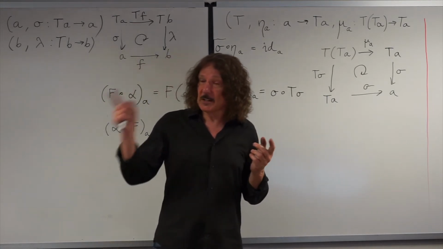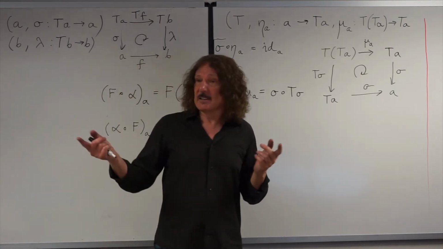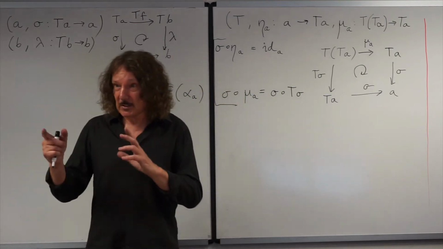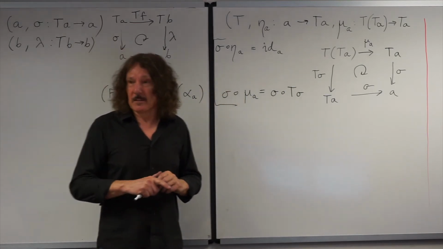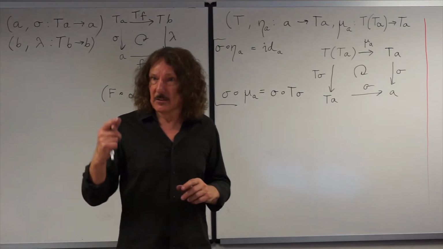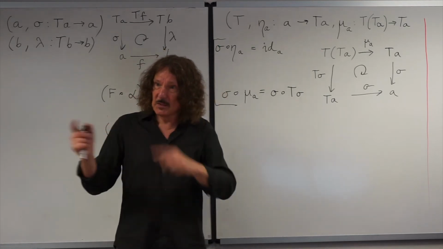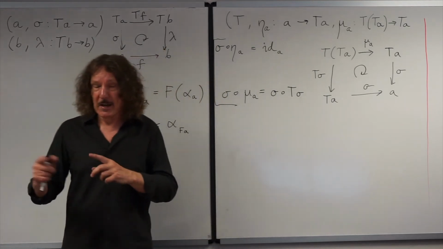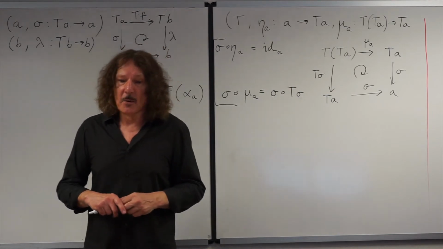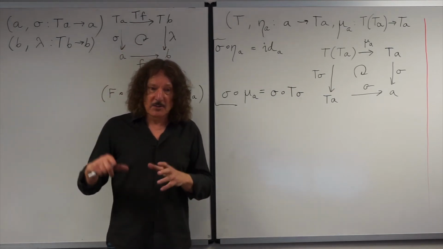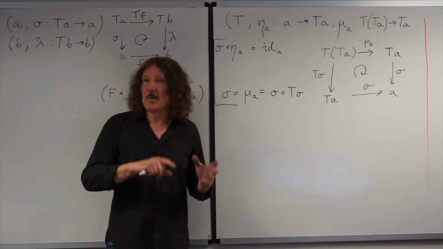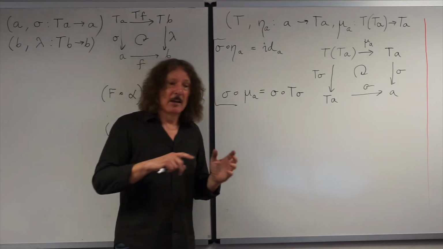If you have two functors, f left and right, if you combine them in a particular order, they give you an endofunctor, and this endofunctor is a monad. If you combine them in the opposite order, you get a comonad. So every adjunction generates a monad and a comonad.